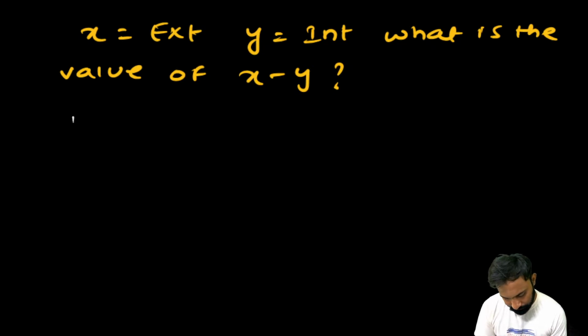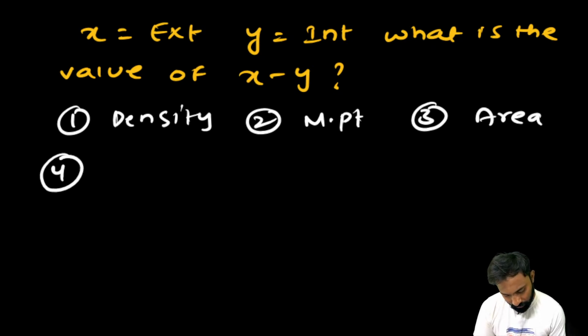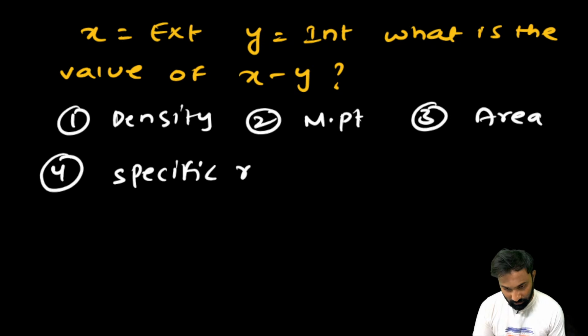First one, density. Now the second one, melting point. The third one, area. Fourth one, we are having specific resistance.